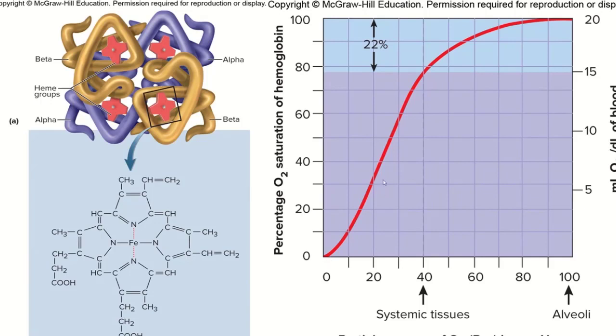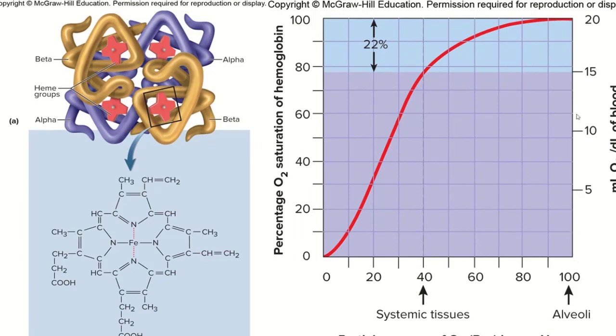And this curve right here, I do not expect you to know this curve, but I want to explain what it's showing to you. It's showing to you at the partial pressure, which is down here at the bottom, how much oxygen is attached. And we'll come back to this in a little bit, but I do want to show you at the lungs, inside the alveoli, partial pressure of oxygen is 100.